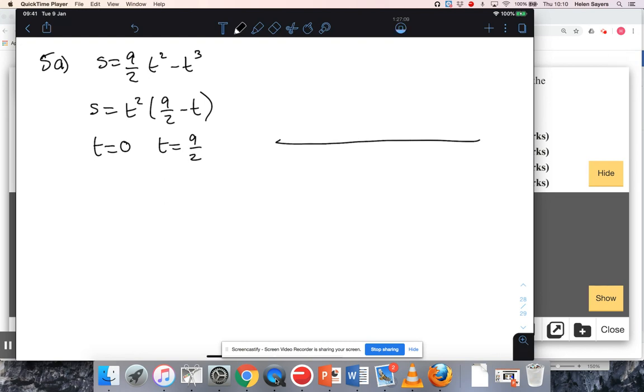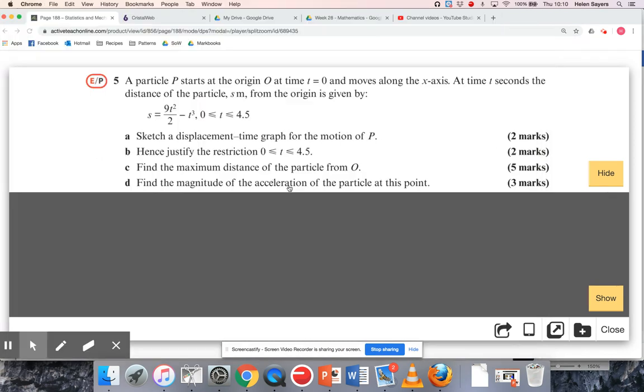So if I was sketching the full cubic, it's a negative cubic with a repeated root at 0 and a root at 4.5. So that's what the full graph would look like, but then they've restricted it to values of t between 0 and 4.5.